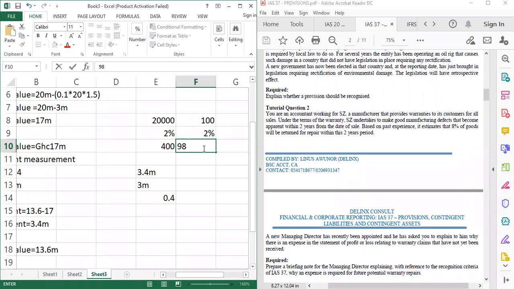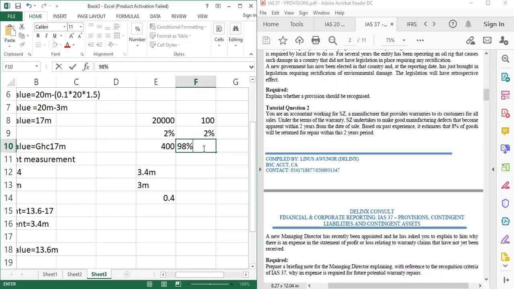There is a 98% assurance that the goods will not be returned. So if you are taking them on an individual basis, don't make any provision unless the probability is more than 50%. But if you are taking it on a total basis, even if it is 0.5%, still make provision, because 0.5% on the total is going to give you a huge figure.